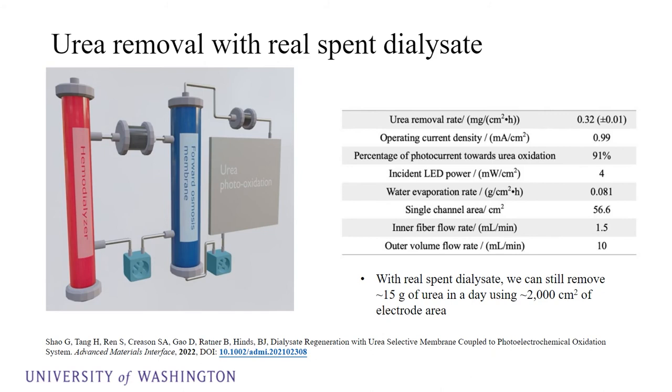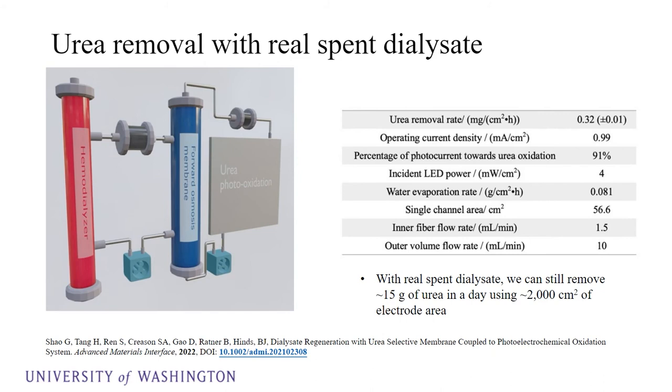We have constructed a device like this. The blue cartridge is the forward osmosis cartridge. On the left, we have the spent dialysate being circulated. And on the right, we have the urea photo decomposition unit. This device we did on a small scale.